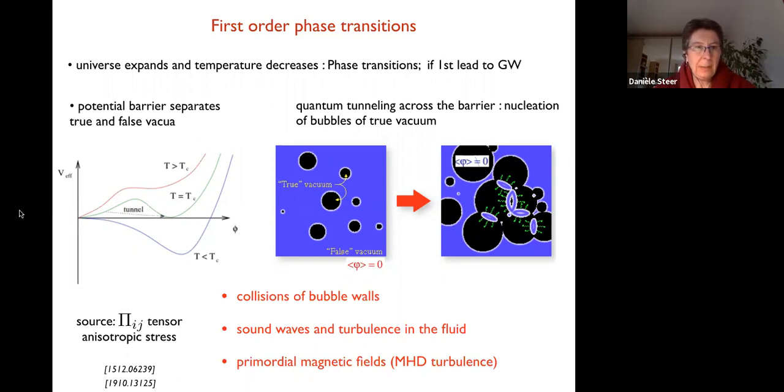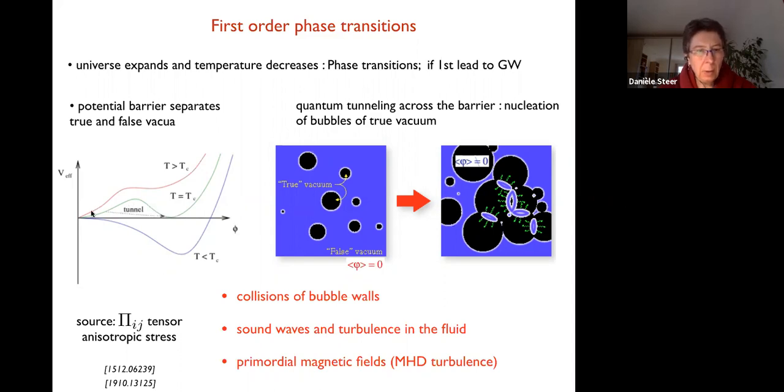Very schematically, if you draw the effective potential for your field theory as a function of the field phi, for example, at different temperatures, so the finite temperature effective potential, then at the critical temperature of the phase transition, in the first order phase transition, there are two degenerate vacua separated by a local maximum. And then as the temperature drops, the global minimum develops at some value of the scalar field.